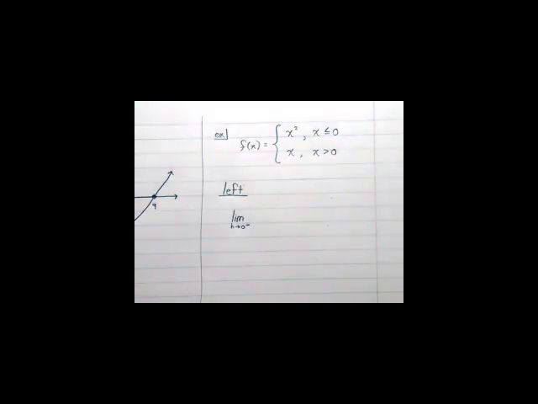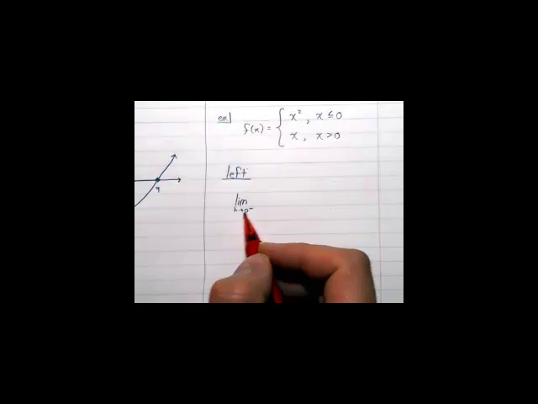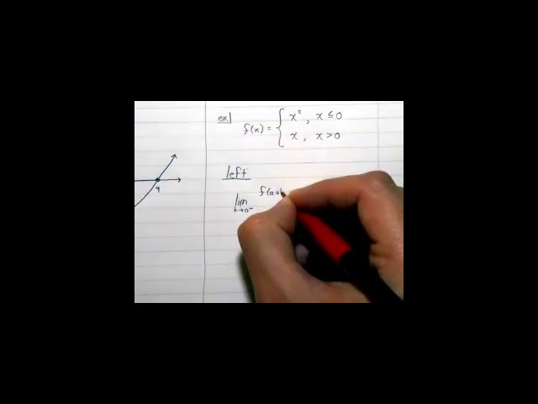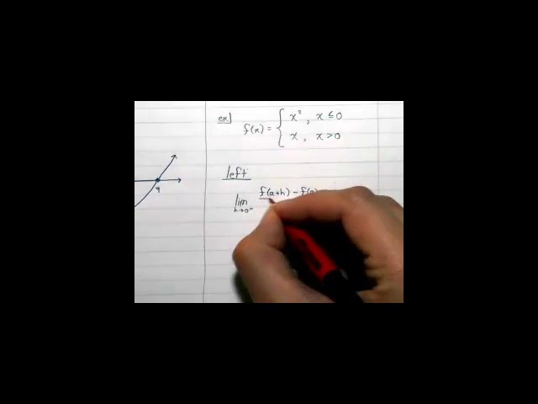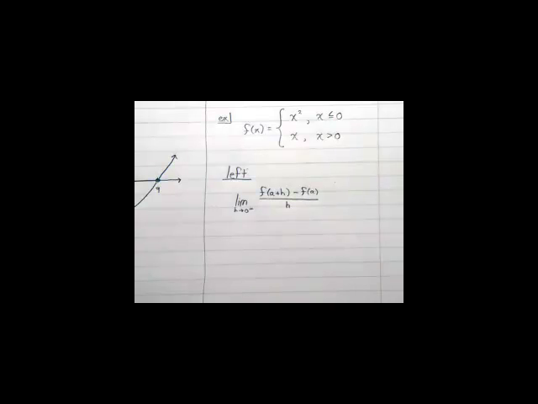We had to put the little plus or the little minus. Well, the derivative then follows that same idea. So it's the limit as h goes to 0 from the left of f of a plus h minus f of a, all divided by h.